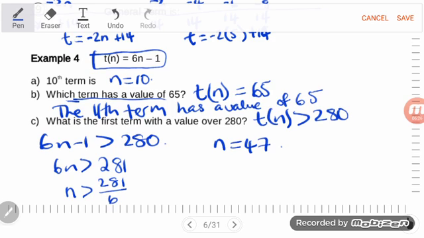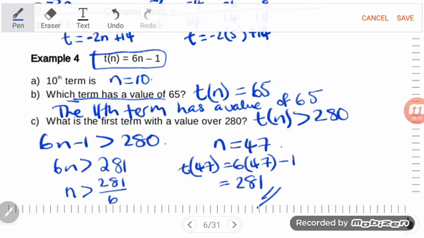And we can test that out by putting it back in. T47 is equal to 6 times 47 minus 1. 6 times 47 minus 1 is equal to 281 exactly.